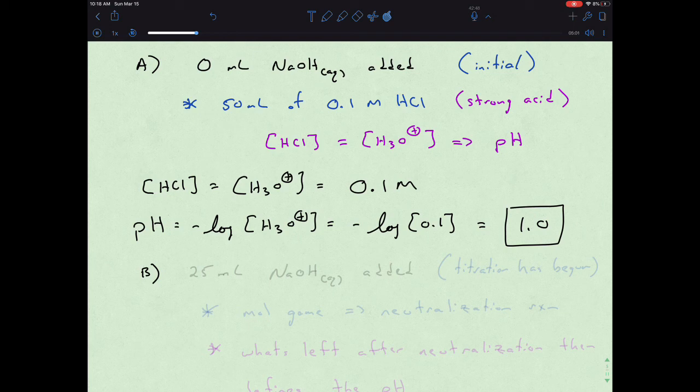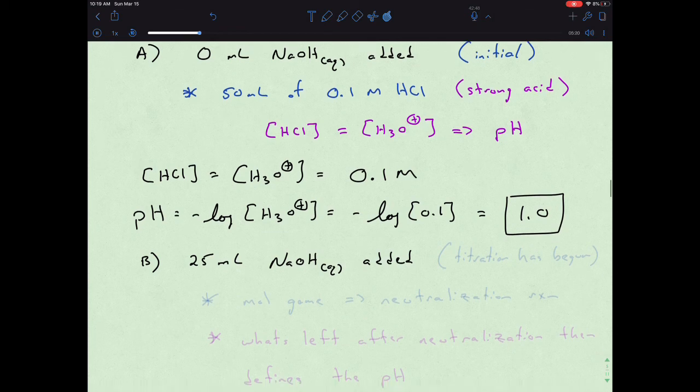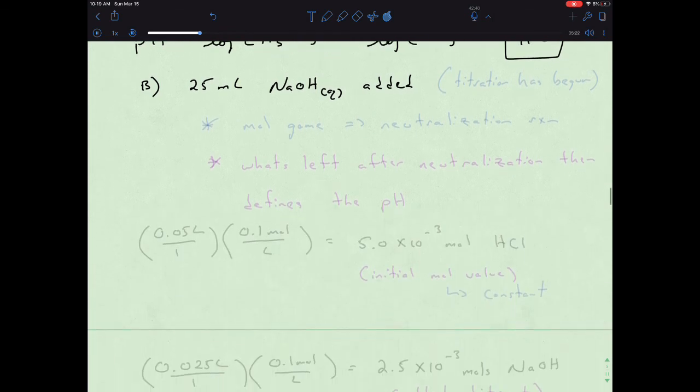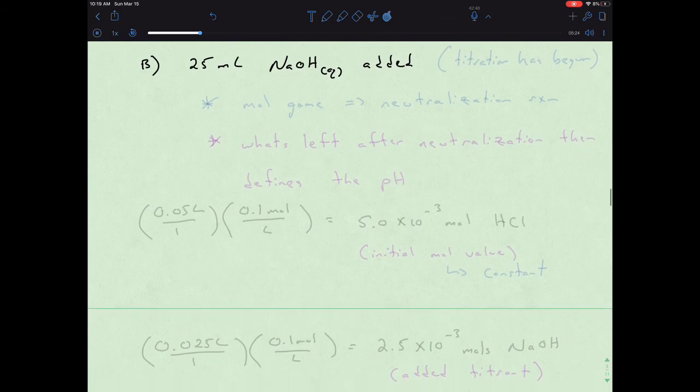Part B is now when we've added 25 milliliters of the sodium hydroxide. So now basically the titration has begun.